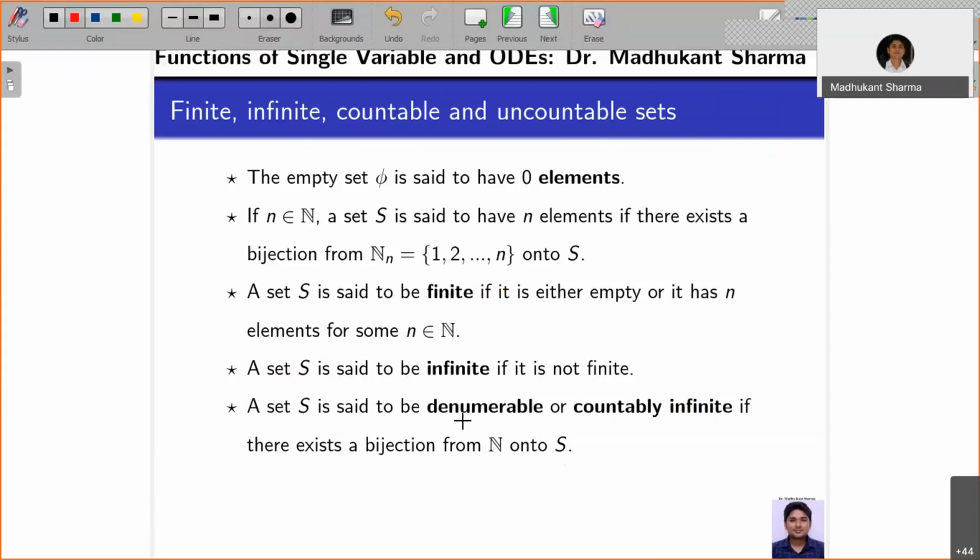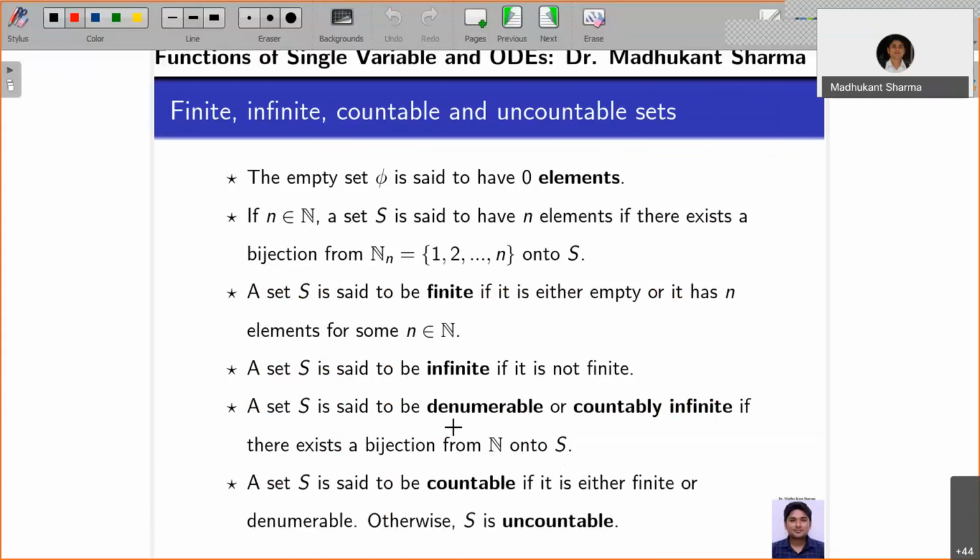A set is said to be countable if it is either finite or countably infinite, in other words denumerable. Otherwise, you say that S is uncountable.